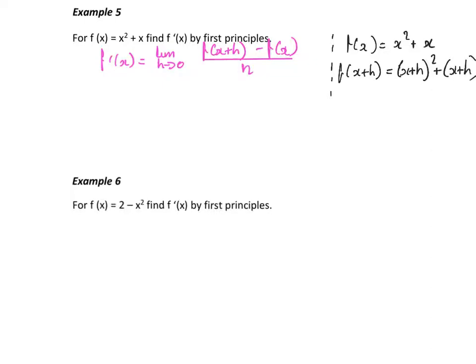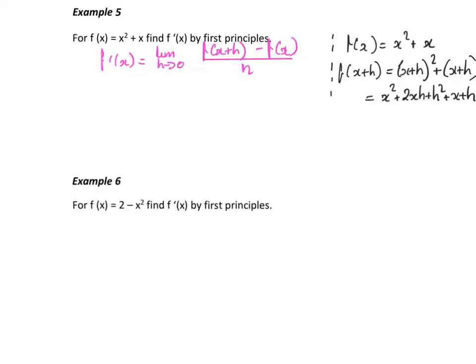And we need to expand that out and tidy it up. So the expansion for x plus h squared would be what? x squared plus 2xh plus h squared. And then we've got plus x plus h. Now that can't be tidied up. That is pretty much what f of x plus h is equal to.